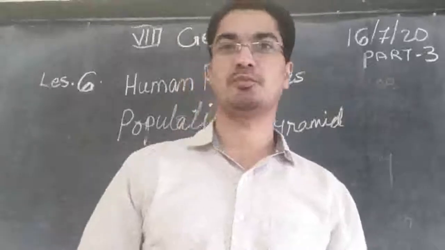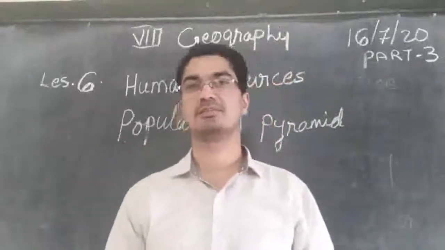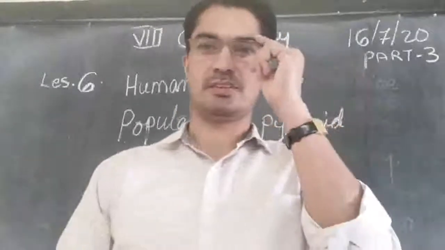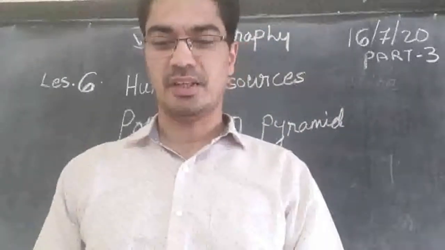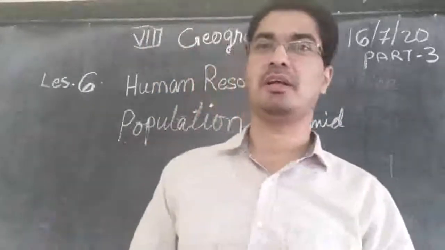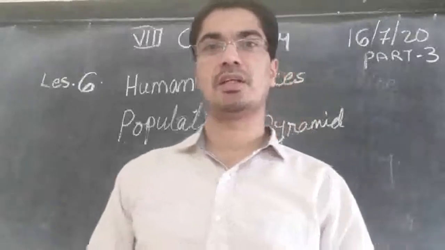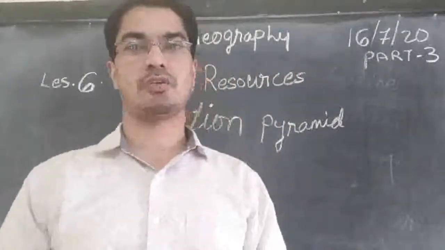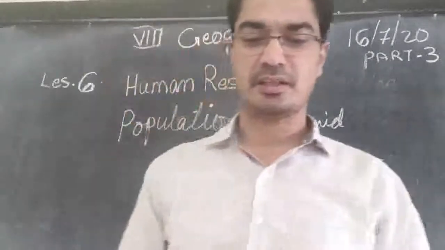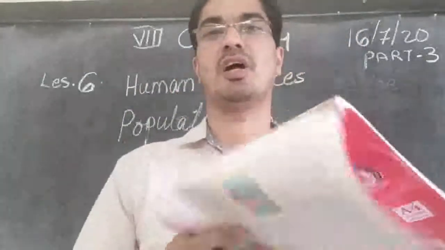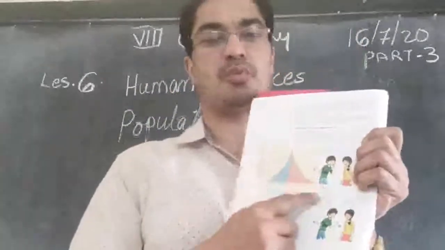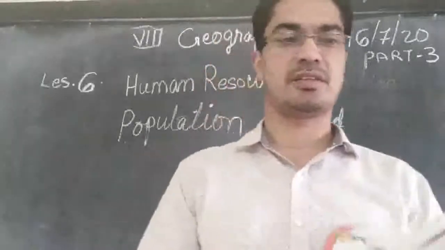So once again, welcome back to this last section of this subject, geography, and here we'll see in detail about the components of the population. We'll study the pyramid and see how this population is constructed and so on.